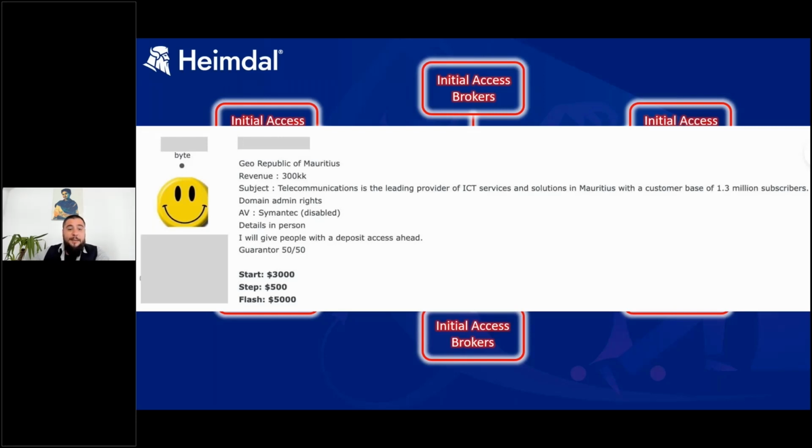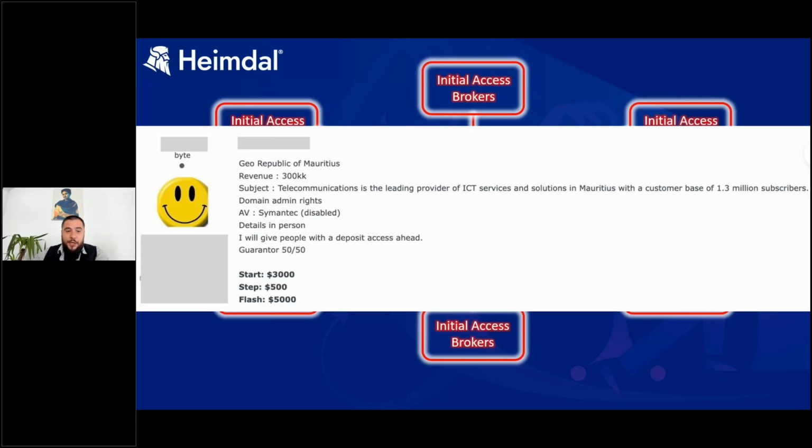Then this is a telecommunication company that is kind of the lead in that space. The AV is Symantec and the attacker already can disable it for you. Details will be given in person, right? And they are giving domain admin rights. So in this moment, for a small fee of $3,000 or flash sale, you get it immediately for $5,000.